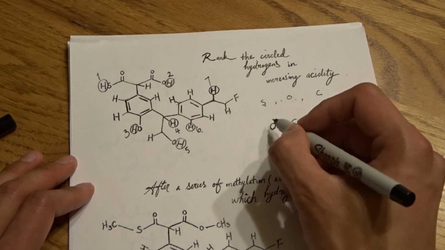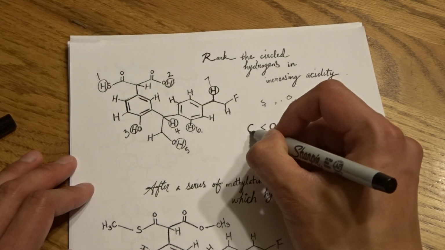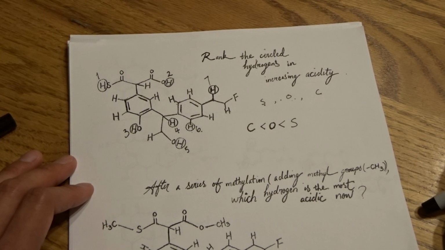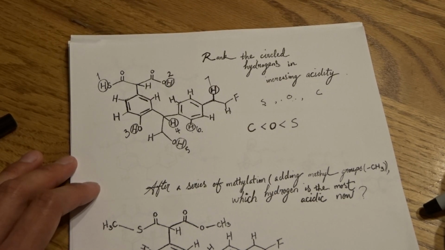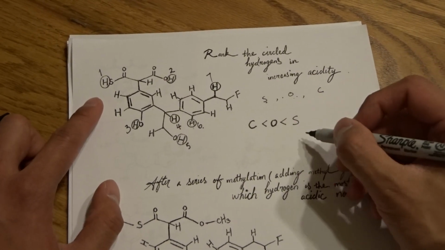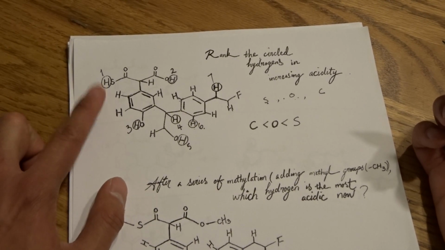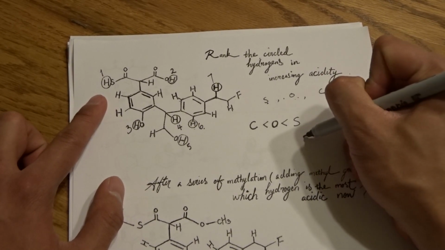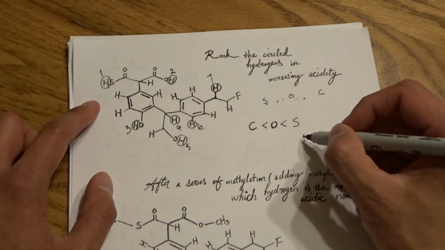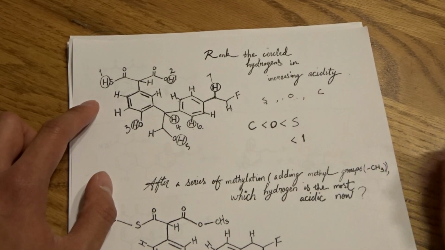And then the hydrogen on the oxygen atom will be more acidic than the carbon hydrogen, okay? So now we can have some sort of a preliminary ranking, okay? So we have up here 1 as our only sulfur, so it will be the champion in being the most acidic hydrogen.